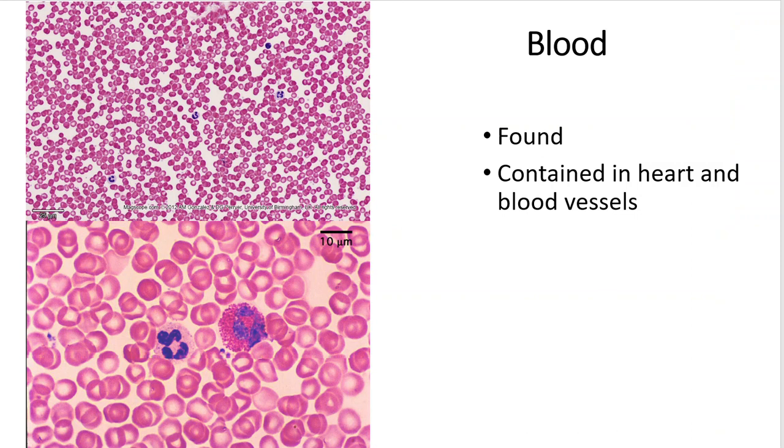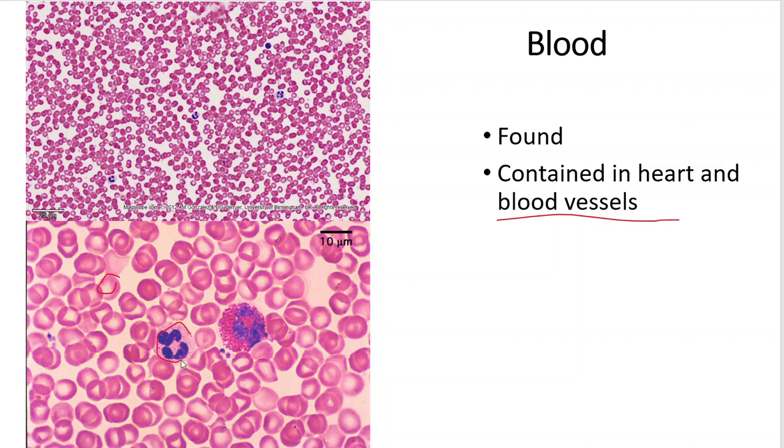Blood is super easy. Nothing in the whole body looks like this. This is what we have in the heart and in the blood vessels. What is the ground substance here? It's the fluid, the plasma. Basically, it's just water with some proteins. The cell types: you've got the red cells here that carry the oxygen.